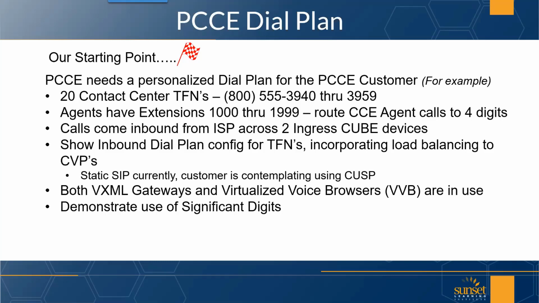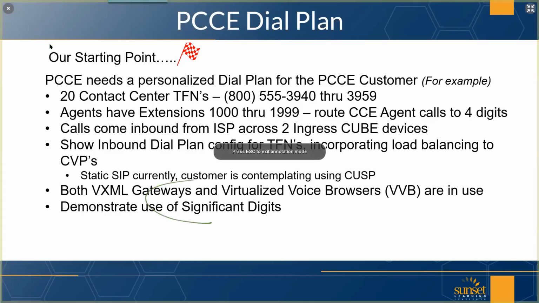Calls are coming inbound from a carrier across two ingress CUBE gateway devices. We'll want to show the inbound dial plan for these toll-free numbers, as well as the dial plan in our virtualized voice browser and ICM and CVP as well. And we'll also, towards the end, talk about this concept known as significant digits.